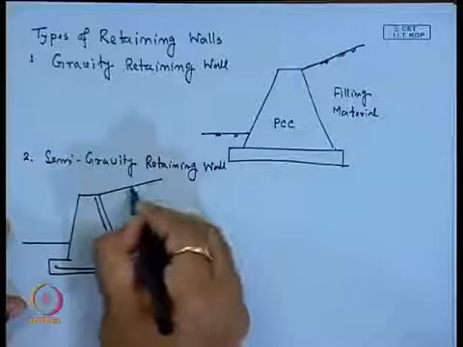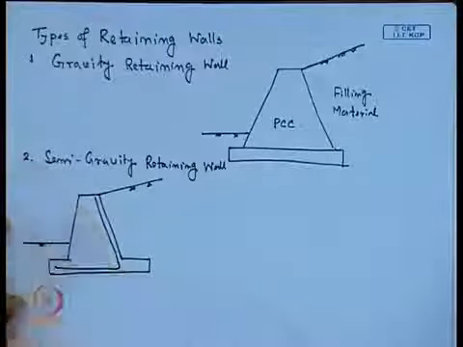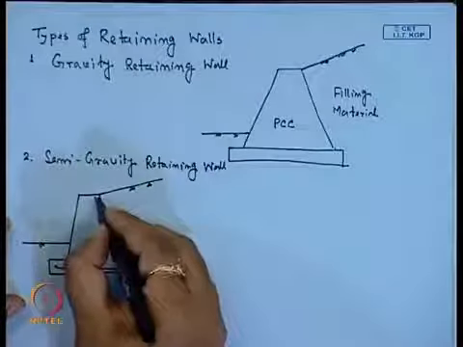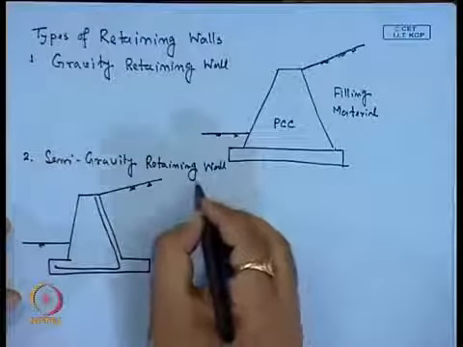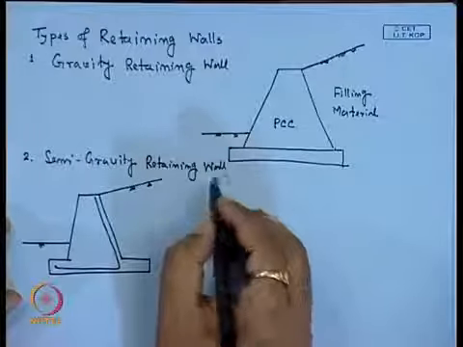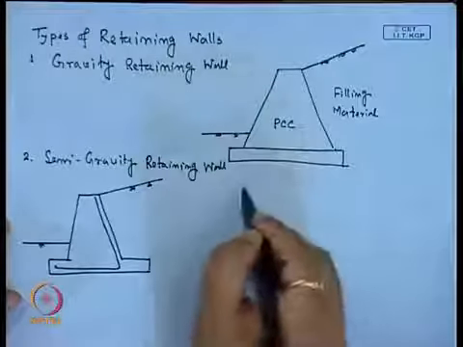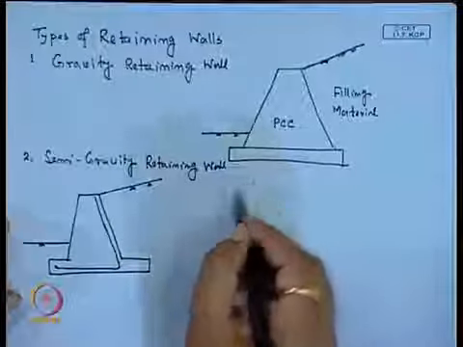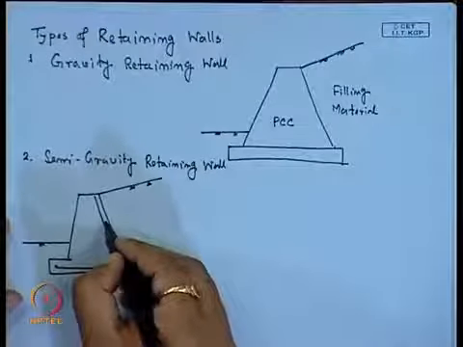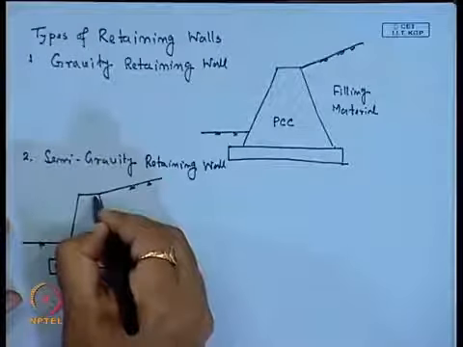Again, this is the ground surface, and this is the retaining wall, where the size of the retaining wall is slightly reduced compared to the gravity retaining wall by providing a small amount of reinforcement in the back face side.